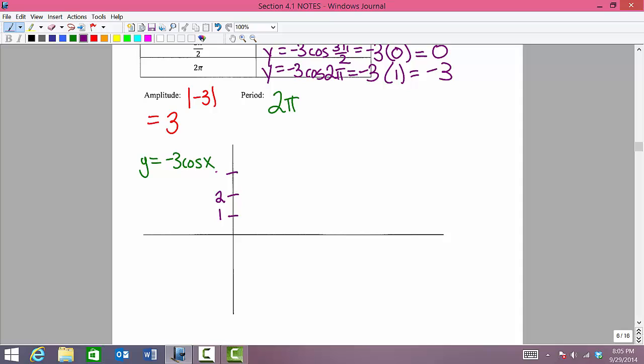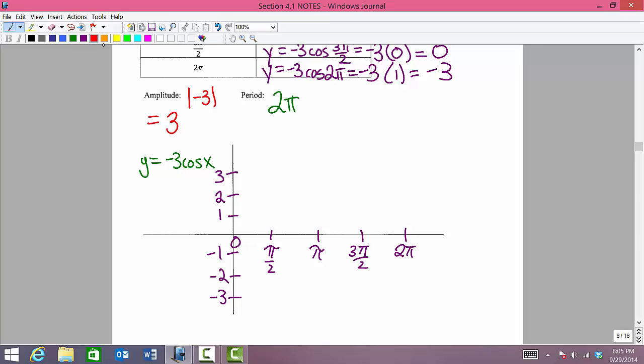We have 1, 2, 3, -1, -2, -3, and we're going to label our 4 equal segments. We have 0, pi over 2, pi, 3 pi over 2, and then back to 2 pi.